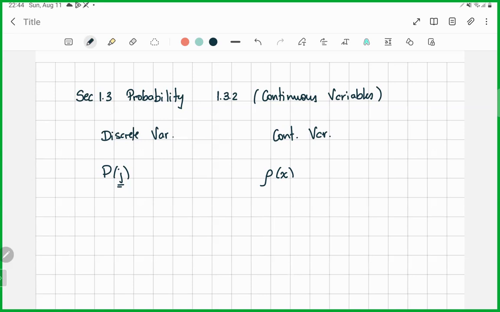So the way to go is, if this range is infinitesimal, we use this, meaning that this is the probability that our variable lies between x and x plus dx.